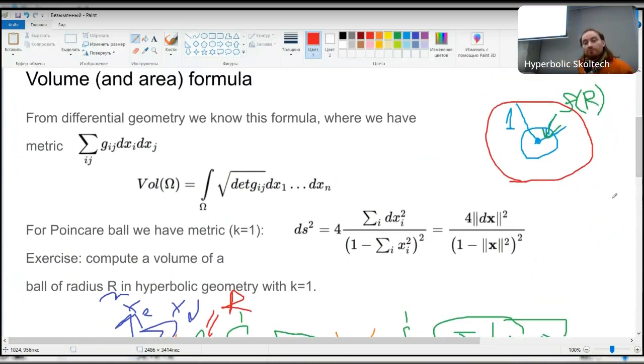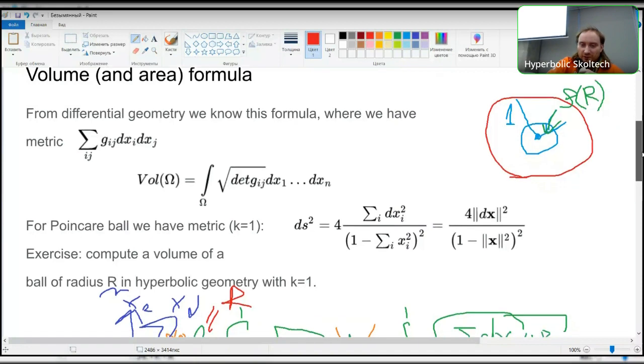So r is the distance from the origin in hyperbolic geometry. Rho of r is a distance in the Euclidean model. Remember that all the points here are equal on this sphere with center of our model, so we have something like this. So this is a pure ball with this center.